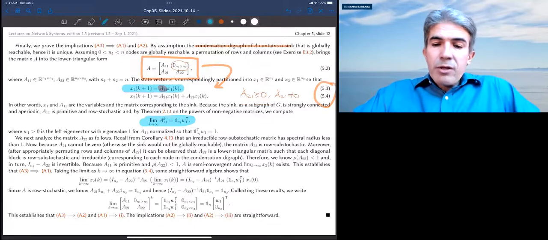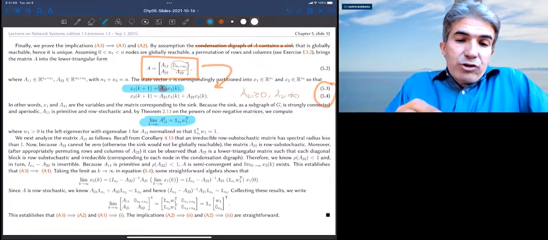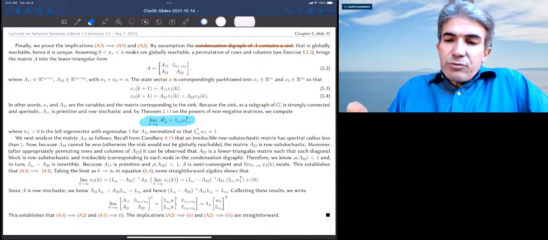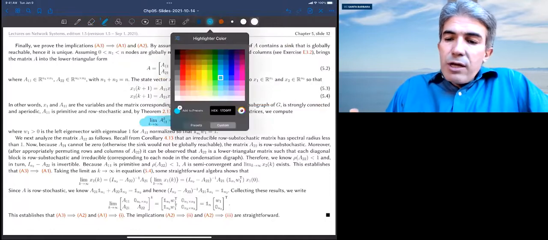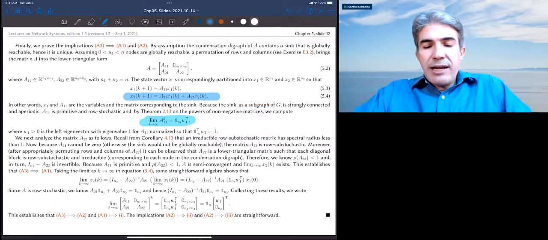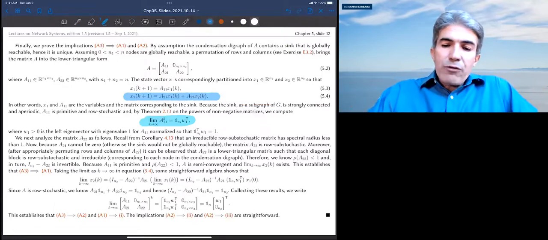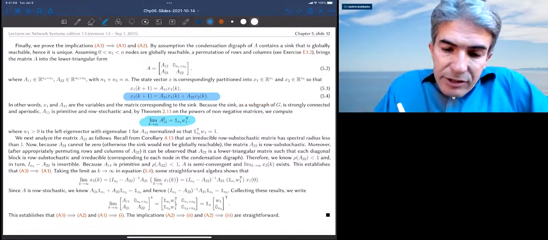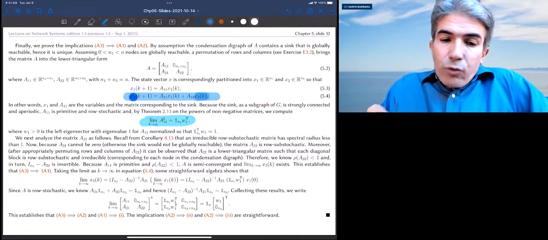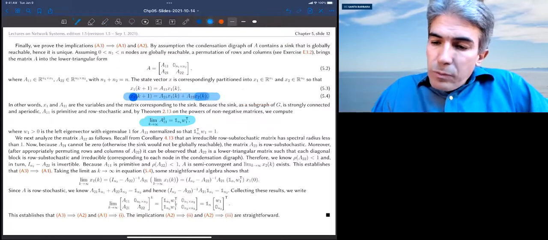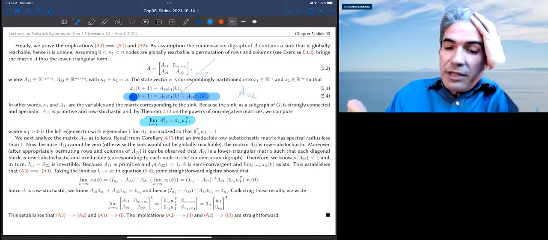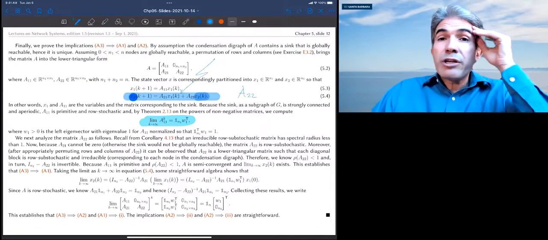Okay, so this was nice. Now the key question, and now comes the smart observation that I was referring to, is what happens to the second dynamics, x2? If you look at the second dynamics, x2 at time k plus 1 depends upon x2 at time k through the matrix A22. And the other entry is an external input.